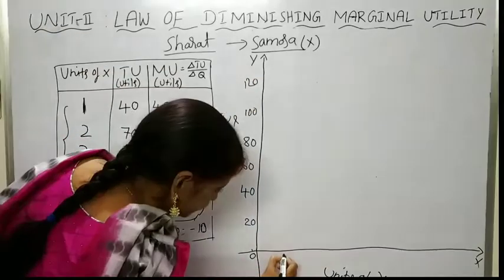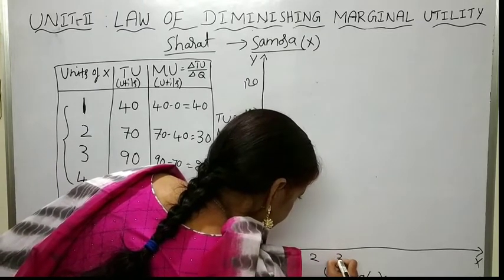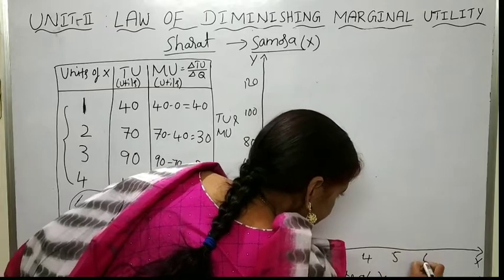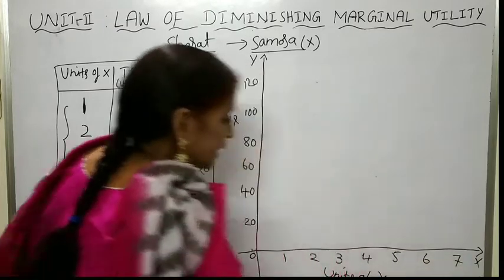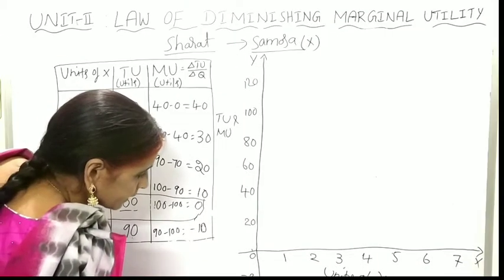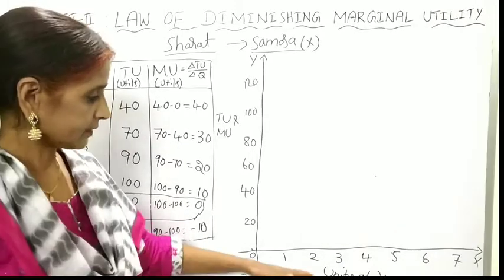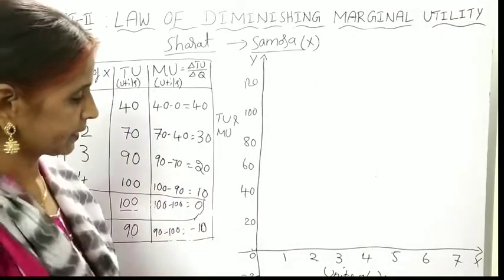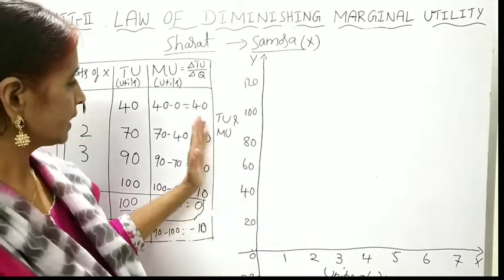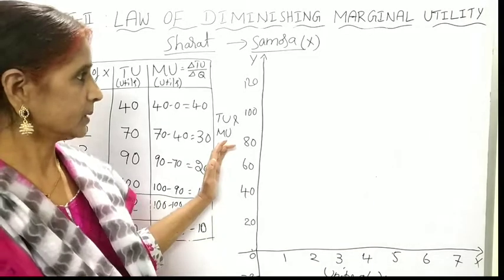Next units are 1, 2, 3, 4, 5, 6. One extra, I am writing 1 unit extra. And MU becomes negative, so minus 20. Okay children, in this diagram on the x-axis we are showing the units of x, that is samosa, and on the y-axis we are showing the total utility and the marginal utility.